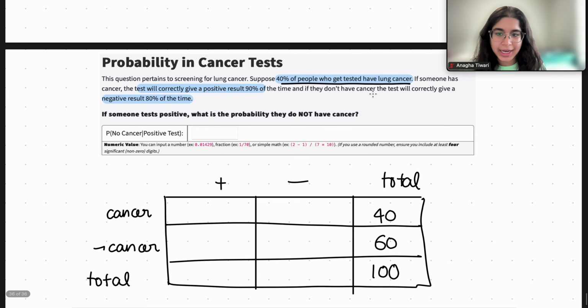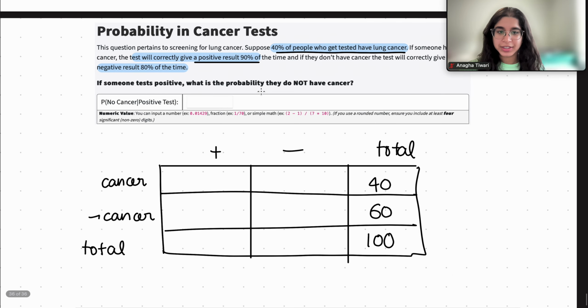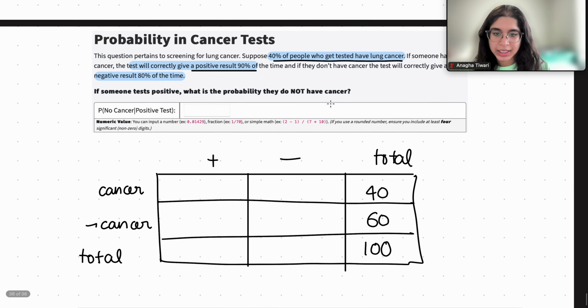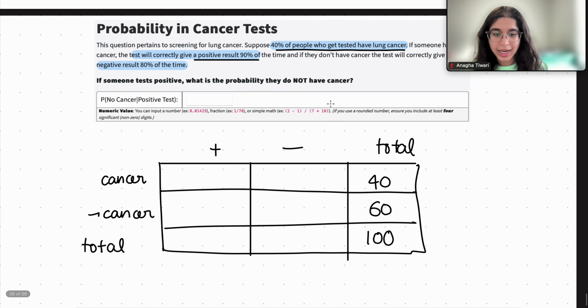If someone has cancer, the test will correctly give a positive result 90% of the time, right? So we're looking at the subset of people who actually have cancer. So it's basically this row right here.